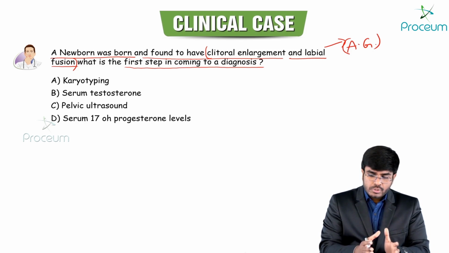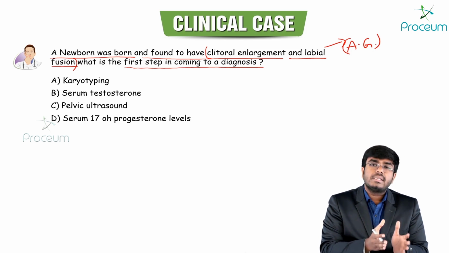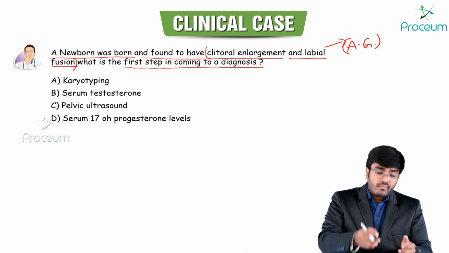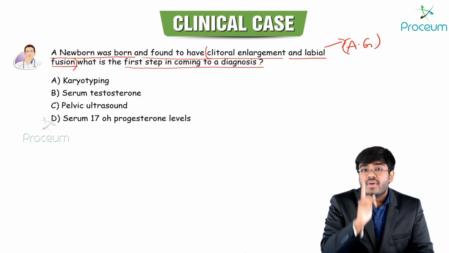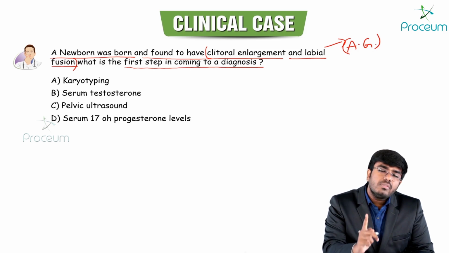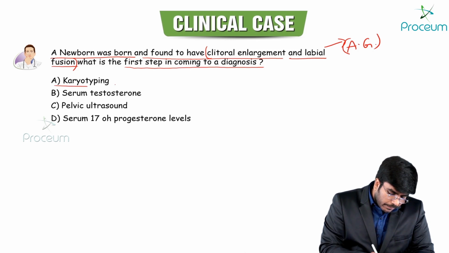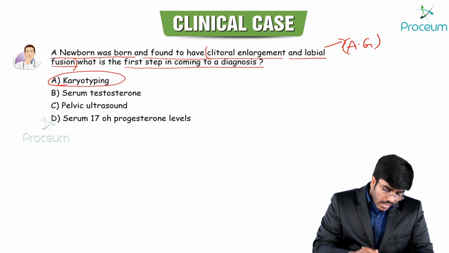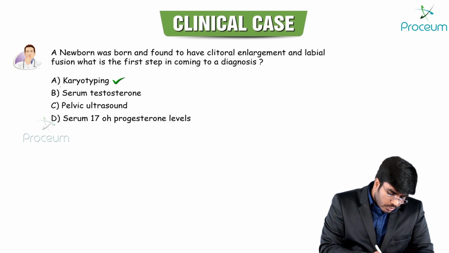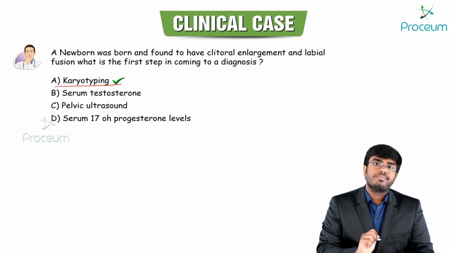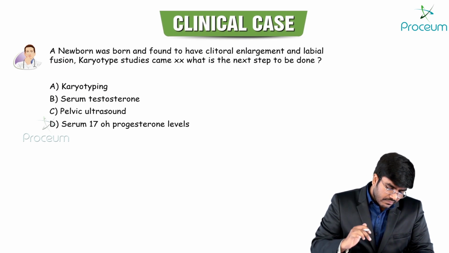You are supposed to announce to the parents, but here there is this ambiguous genitalia. To confirm whether this is a male or female, the first step, remember, in ambiguous genitalia, is karyotyping. Without any doubt, if there is ambiguous genitalia, the first thing to be done is karyotyping. Okay. After this, let's see one more case.